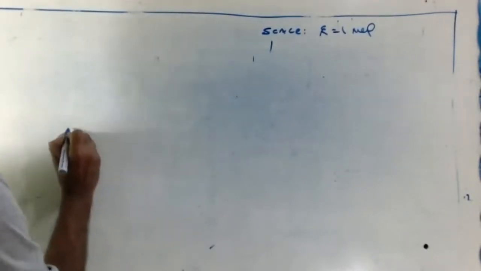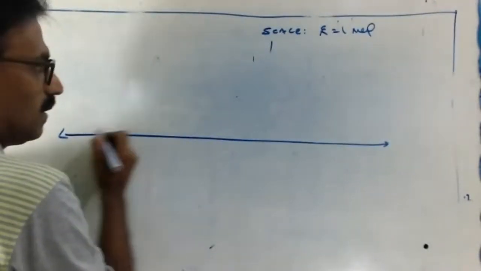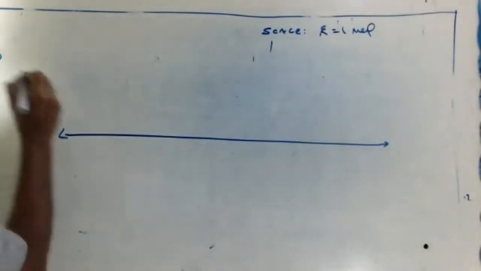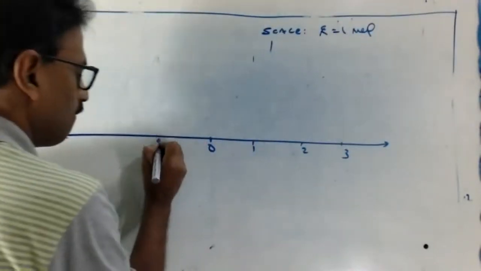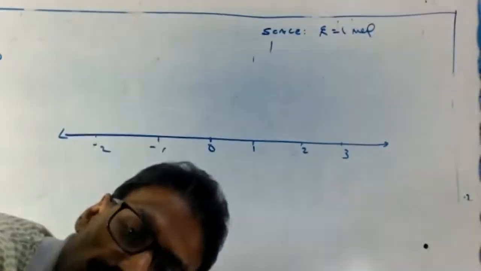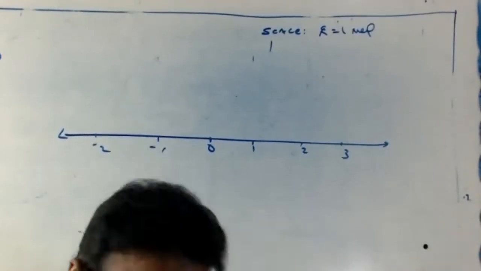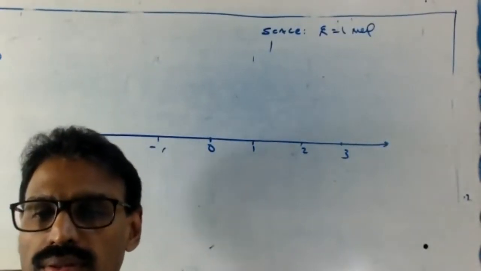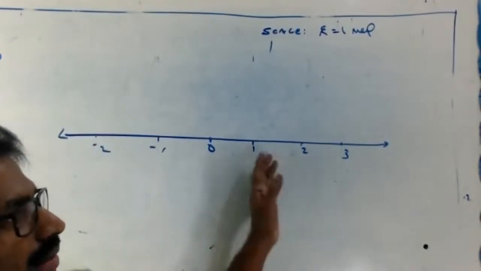Listen here. First, draw number line. Step number 1. Here 0, 1, 2, 3, minus 1, minus 2. Anyone have problem with step number 1? Step number 1 is just draw a number line according to the scale.